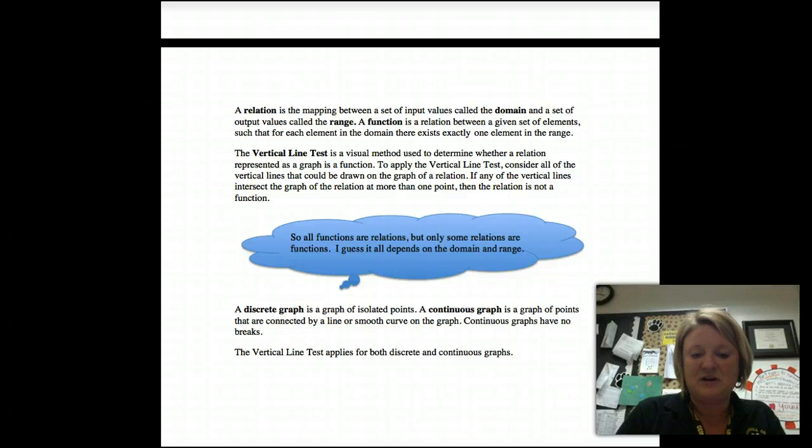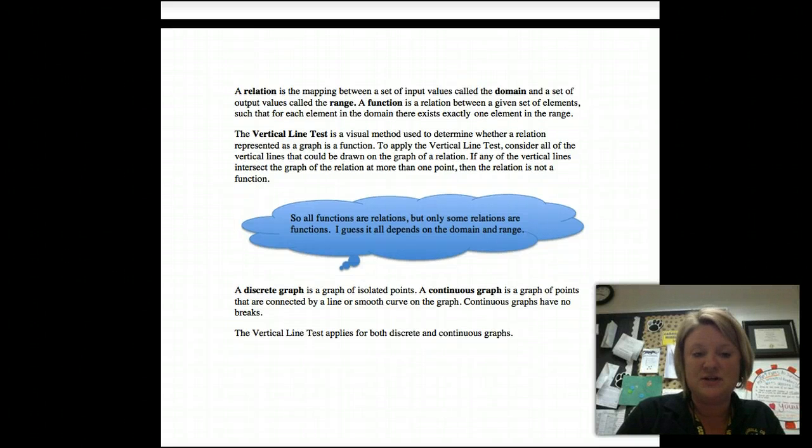Some highlights from today's notes that we took. A relation is the mapping between a set of input values. And let me see if I can draw for you here. Input values are your X values. I'm not very good at this draw tool, so bear with me.